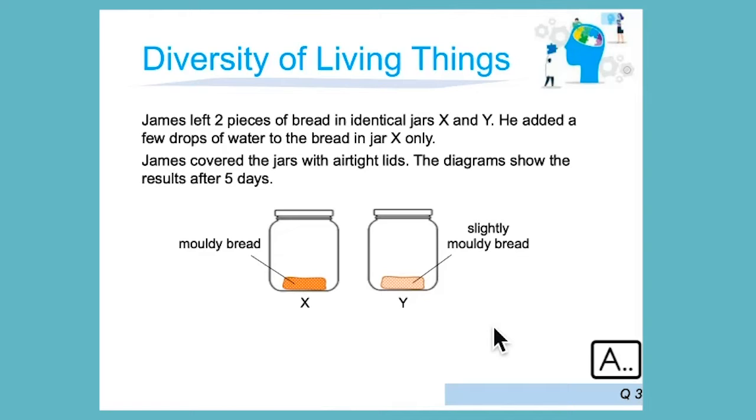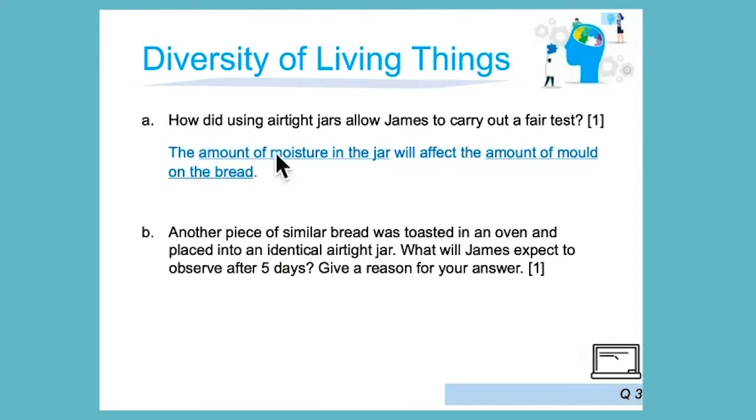They'll both have access to equal amounts of water if the airtight jars were not used. So using airtight jars will prevent excessive water from the air from interacting with the bread. The amount of water in the jar will be the only thing that affects the amount of mold, not the amount of water that's in the air. Okay?